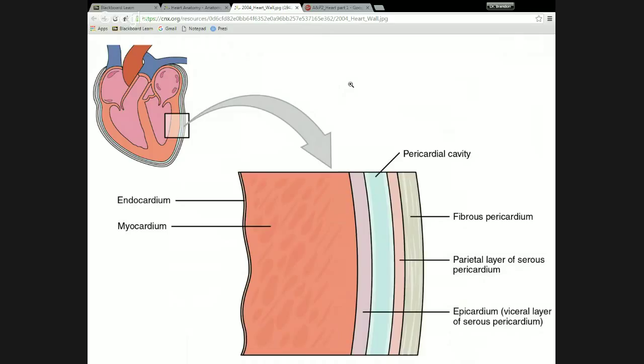I don't know necessarily if the fibrous pericardium is quite as durable as the dura, but it's the same kind of thing. In the midst of answering it that way, I was also going to add something else. It's essentially the same kind of tissue that you'd find in a tendon or a ligament.